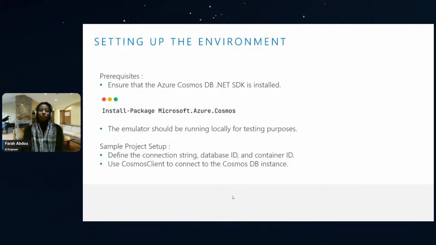If I need to use the .NET SDK, we need to make sure the Azure Cosmos DB package is installed, so we just run install package Microsoft.Azure.Cosmos, and the emulator will be running so we can test our applications. Then we define the connection string, the database ID, and the container ID. Then we use the Cosmos client so we can connect to the Cosmos DB instance.